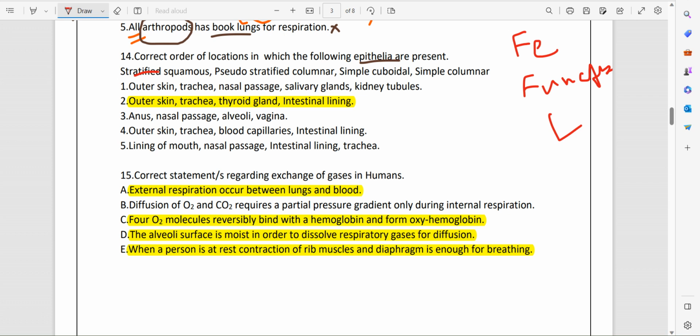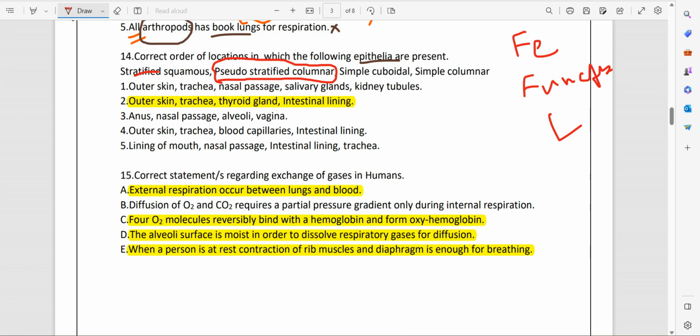Pseudostratified columnar, which is located in the trachea as well as in the nasal passage. They have cilia and they are quite weird in their cell shape, and nuclei are located at different levels. Those are features of them. So they are present in the trachea and nasal passage. Using that logic, you can eliminate some answers.